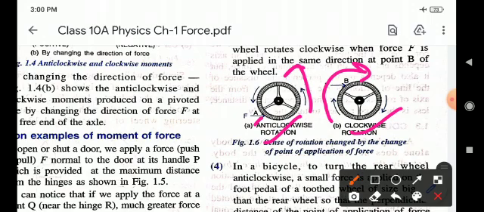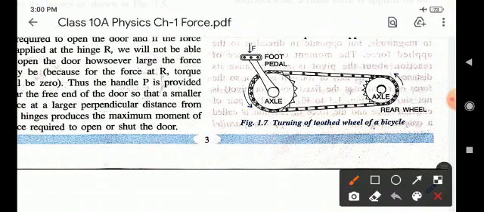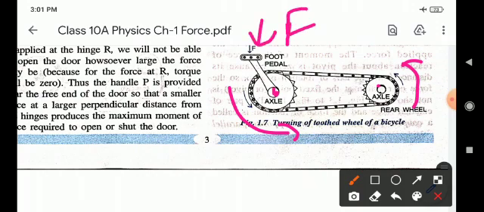Fourth point: bicycle. In a bicycle, very important point, to turn the rear wheel anti-clockwise, a small force is applied on the foot pedal of a toothed wheel of size bigger than the rear wheel, so that the perpendicular distance of the point of application of force from the axle of the wheel is large.